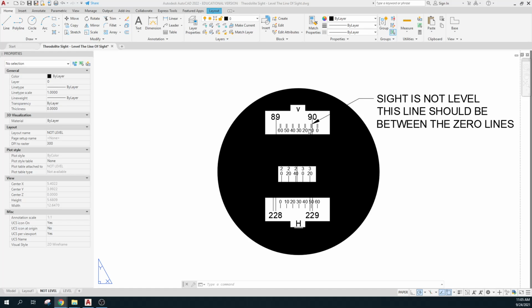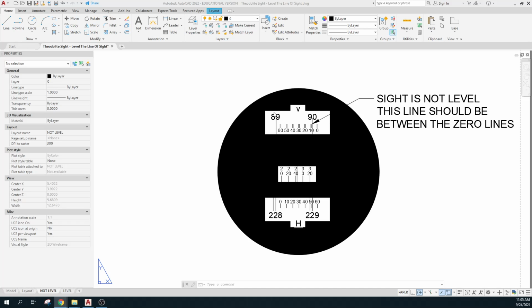And if you're not level, we saw from a lecture yesterday that on 100 feet you might be off by a quarter of a foot, which is 3 inches, or a quarter of an inch. So you really need to get this lined up.